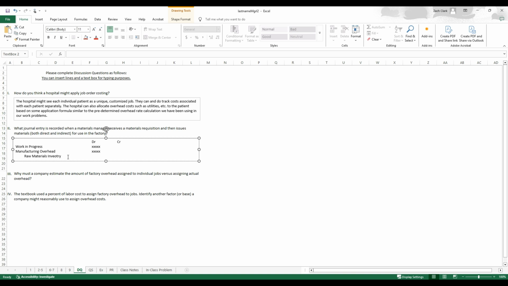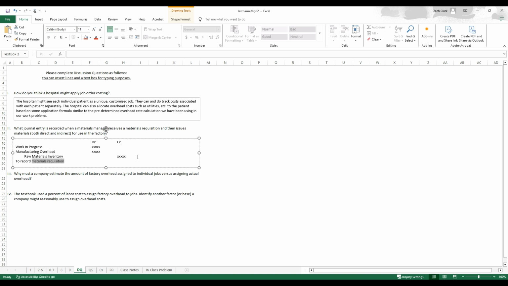There's no set number that you have to have in your journal entries. Inventory. Okay. Now I'm going to tab over and just do some more X's, like I said. So this is just a representation of what a journal entry would look like for such a thing. And we can just have a little explanation here to record materials requisition.